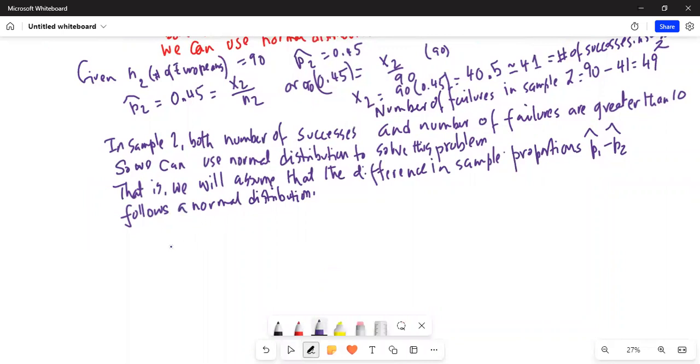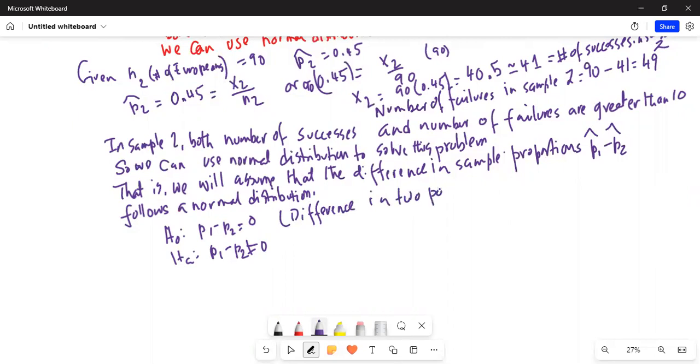The null hypothesis is P1 minus P2, the population proportion difference, is 0. Alternate is P1 minus P2 not equal to 0. This is the difference in two population proportions. Notice there are no hats on top of them, so these are population proportions.